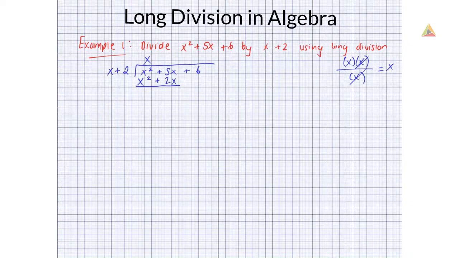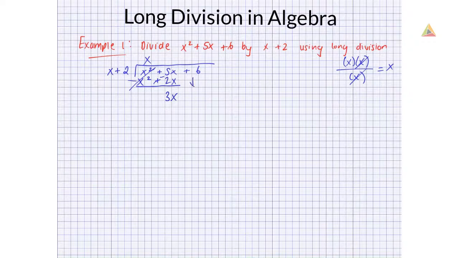So we need to change the sign of this and this. We assume that this is positive, so we change the sign to negative. This sign is positive, so we're going to change it to negative. So now x squared minus x squared cancel, and what you're left with is 5x minus 2x is 3x.